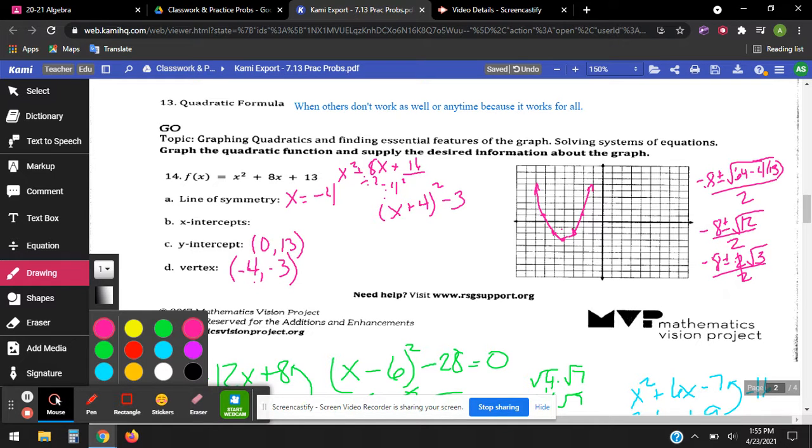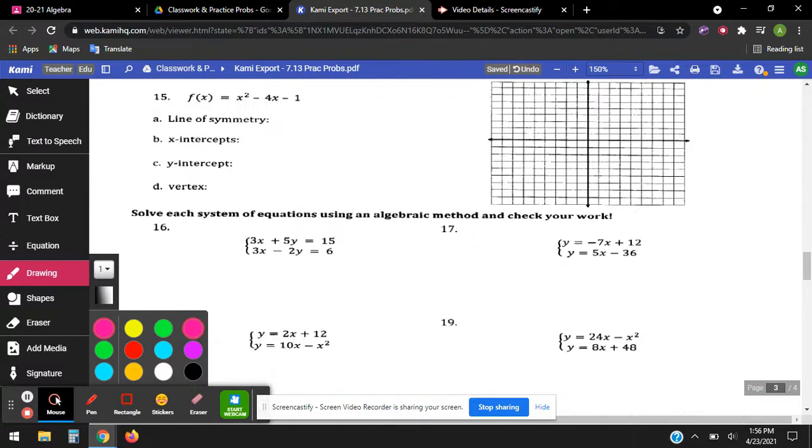Negative 8 divided by 2 is negative 4. So my x-intercepts would be negative 4 plus or minus the square root of 3, it looks like. All right, got that one.